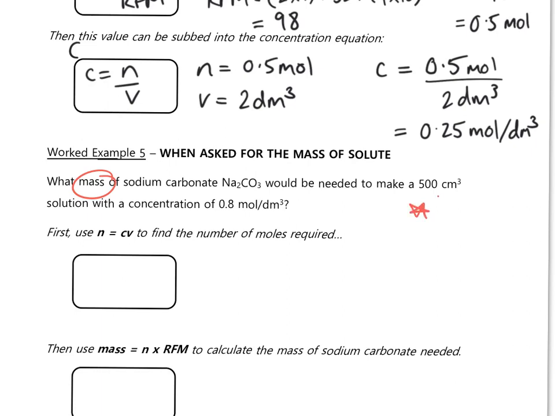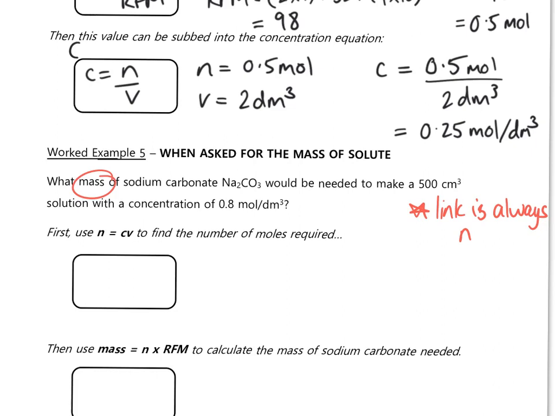The link is always N. If you're thinking, I'm not used to a concentration and mass equation, that's because there's not one that directly links concentration and mass. So you've got to work out the number of moles first, just as in worked example 4, where the thing I worked out first was the number of moles before I continued on.